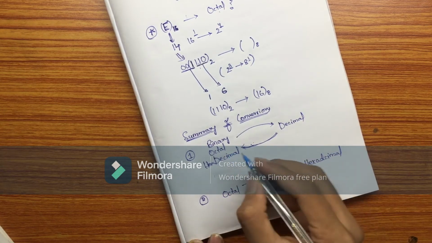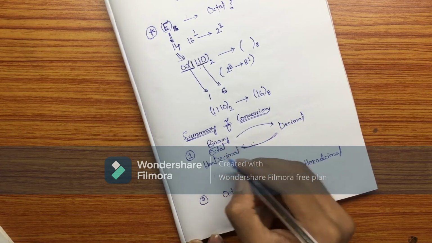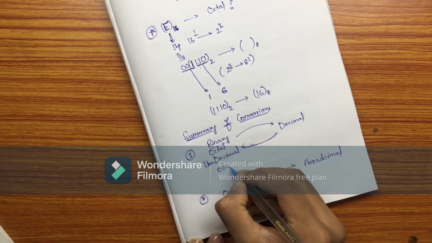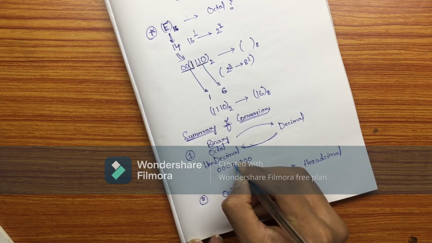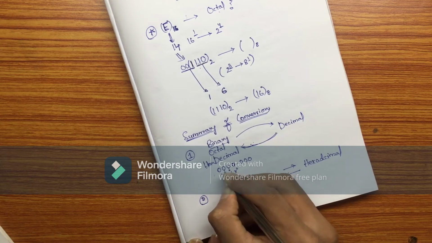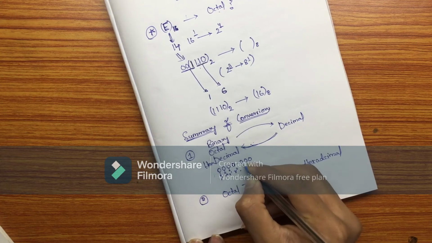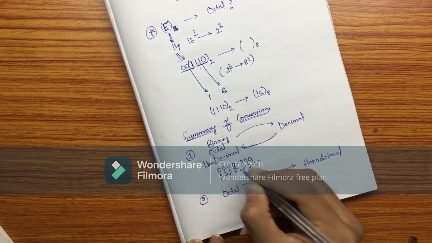Suppose binary is given, or any of these is given, and we are converting to decimal. Then what to do? Some digits with a point are given. Then what we are going to do? We are multiplying this digit with r power 0, this digit with r power 1, this digit with r power 2, this digit with r power 3, and after the point we are multiplying with r power minus 1, r power minus 2, and r power minus 3.